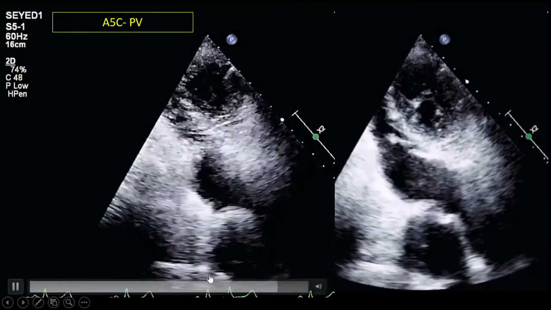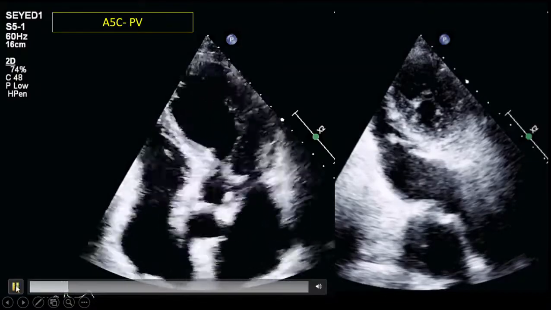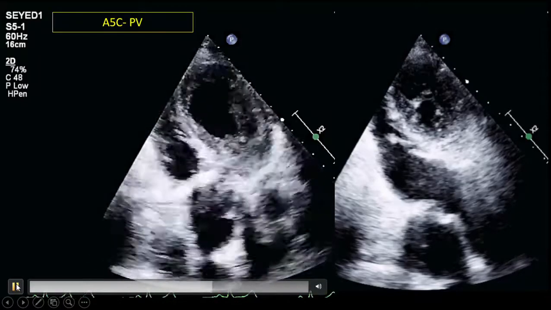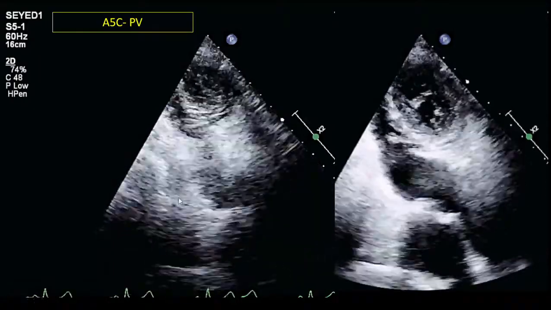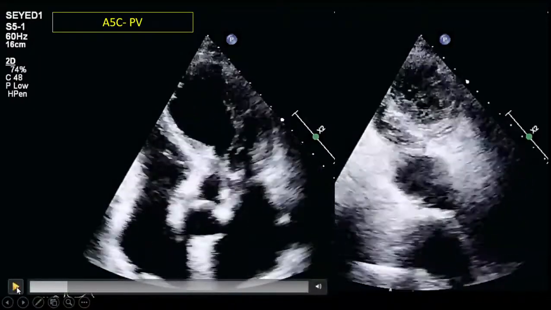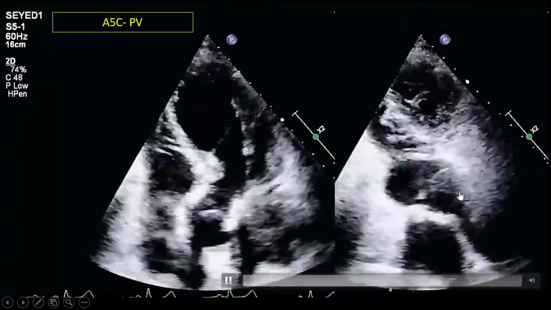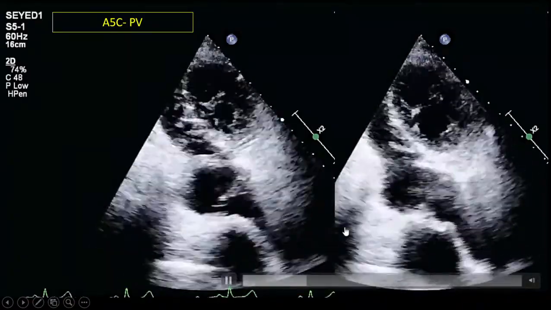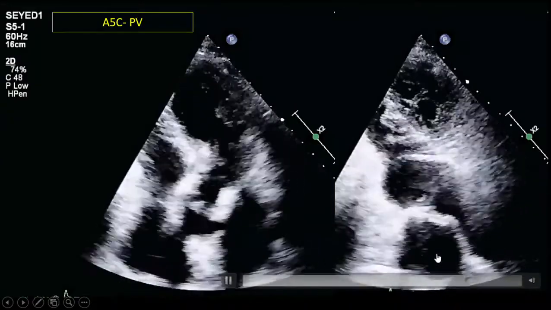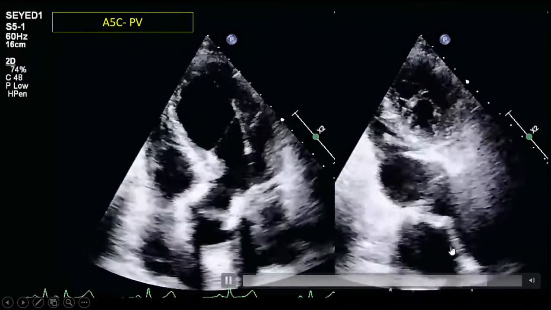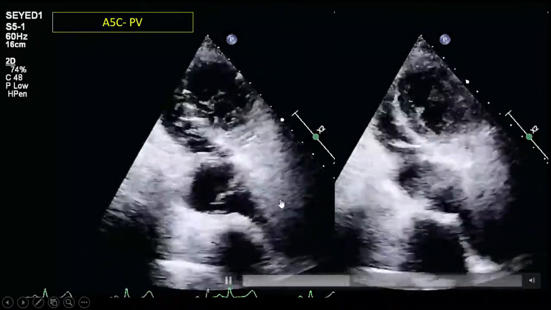There you go. We will see the pulmonary valve, RVOT, pulmonary artery, and we have left atrium, left ventricle, and part of the right ventricular here too.